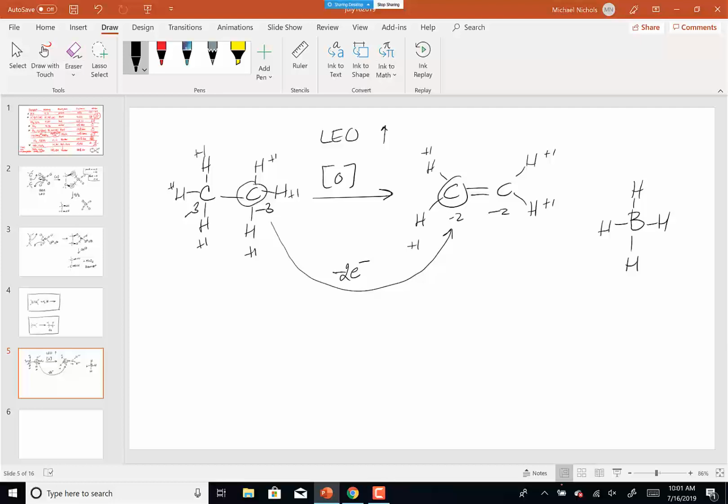There's our borohydride from yesterday. In this case, boron is less electronegative than hydrogen is, because it's one of those metalloids. So in this case, the hydrogens would all be -1. Hence the name borohydride. Hydride means H with a -1. Will we be in that situation? Yes.